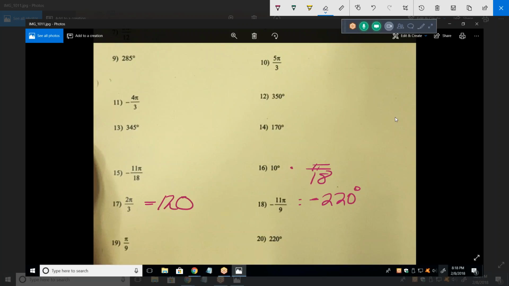Okay, how about pi over 9? So then isn't, wait, that's just 20. And 220. And then 220 times pi over 180. And that's 22 pi over 18.